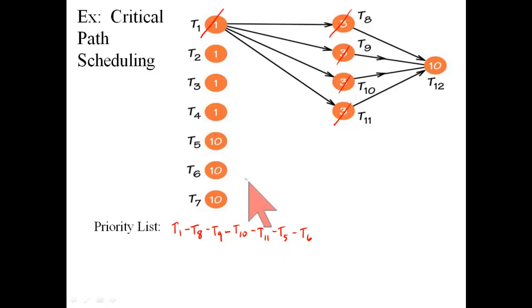Then task 6, then task 7, and then task 12. And finally, tasks 2, 3, and 4 remain. They're each 1 minute long, and so a critical path is just task 2 or task 3 or task 4 by itself, and I'll use them in that order.